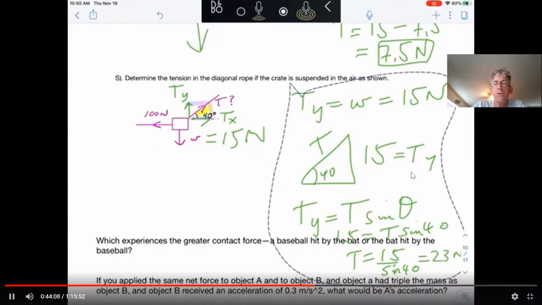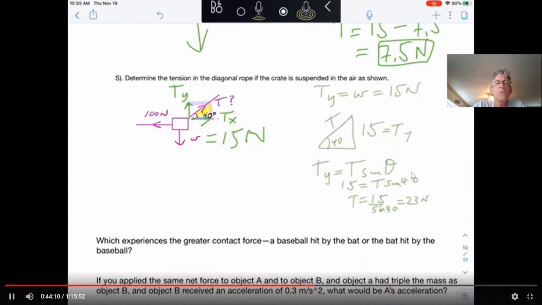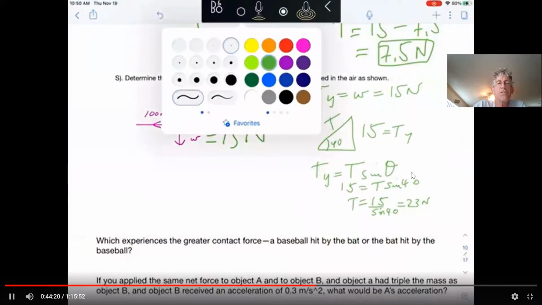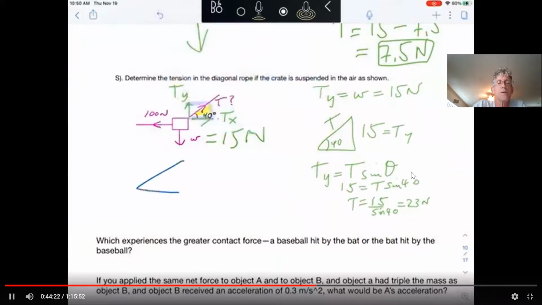Now I made a mistake in my picture because if this is in equilibrium, the leftward arrow should be the same as Tx. If I were to ask you to find the tension in that horizontal rope, that purple line right there, you should understand that it's not 100, it can't be 100.